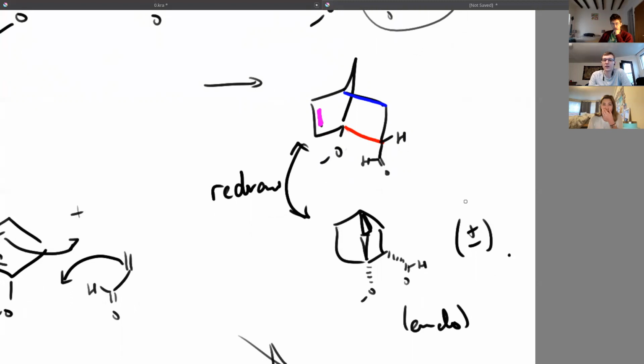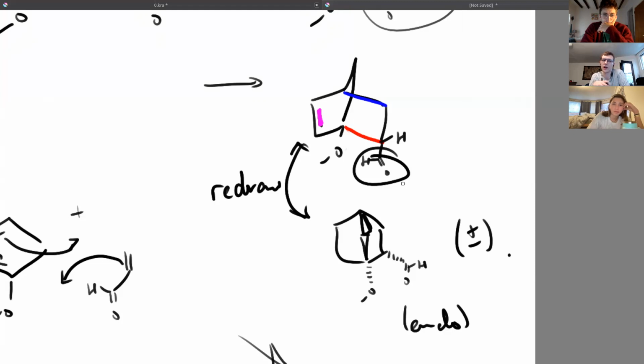It sounds like Dr. Tong does the same thing, and I think most people do, where they have the dienophile come in from underneath. Actually, either way that you do it, you'll have this aldehyde, for example, being axial instead of equatorial. So what Dr. Tong says was completely right.